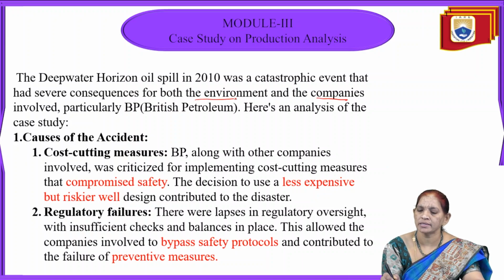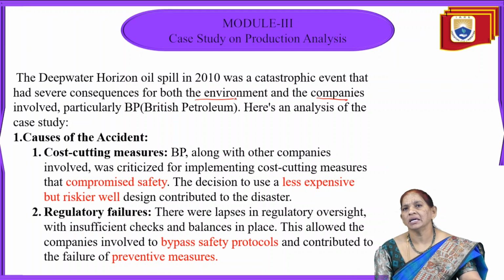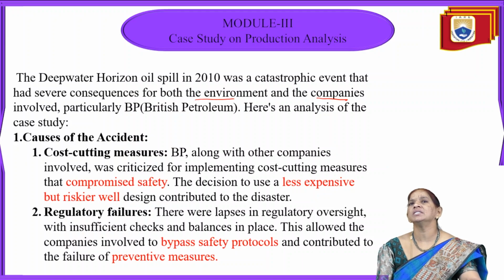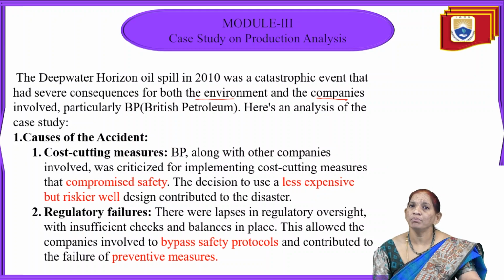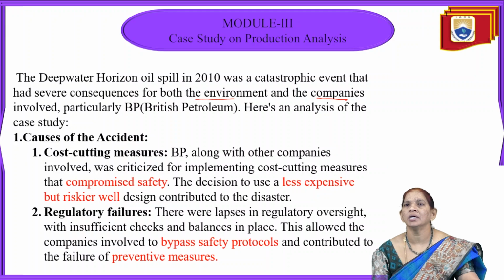Due to this accident, environmental hazards were faced and the company was also involved. Particularly BP had a lot of impact upon its reputation, name, fame and goodwill, and from a financial point of view as well, a drastic disorder came to BP.